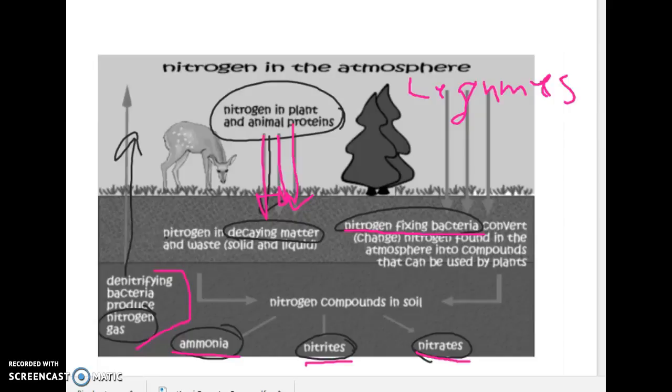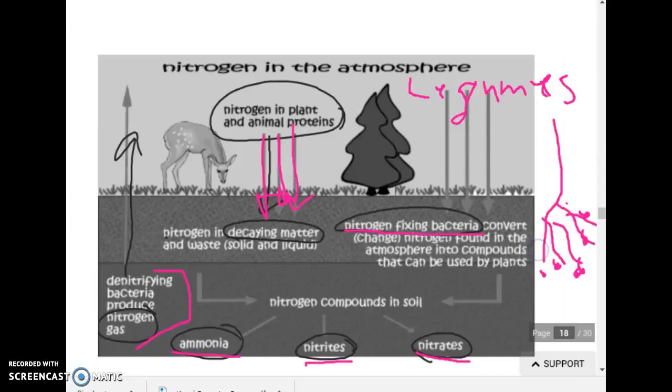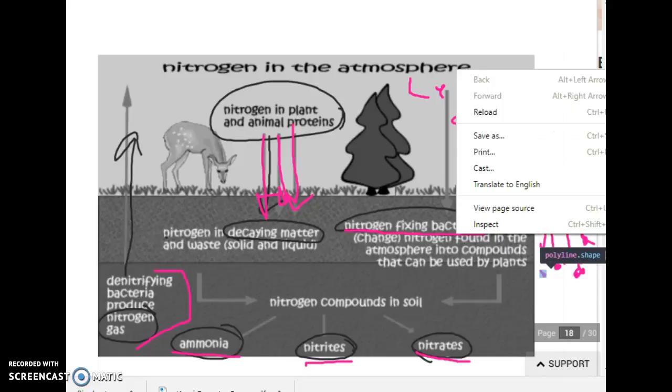And if you actually very carefully dig up the roots of those plants, on the roots, we actually, if we look, there's little nodules hanging from the root hairs. They're just little round pieces.